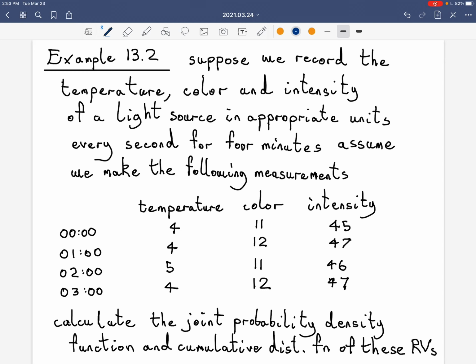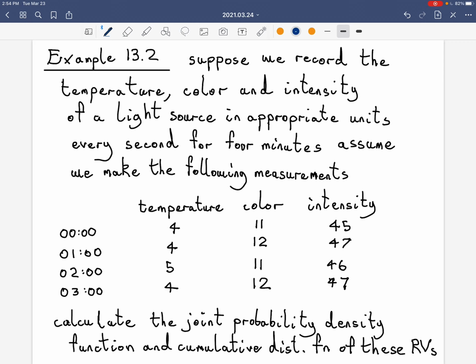So you have this kind of simple experiment where the temperature was 4 when it started, the color was 11, and the intensity was 45. Then after 1 second, the temperature stayed the same, the color went up by 1, and the intensity went up by 2 to 47.